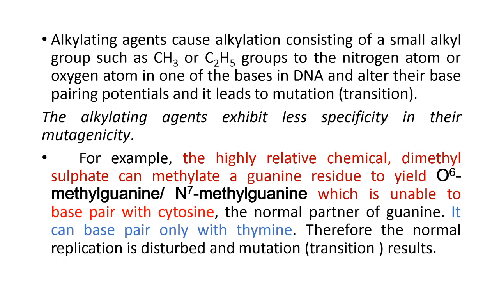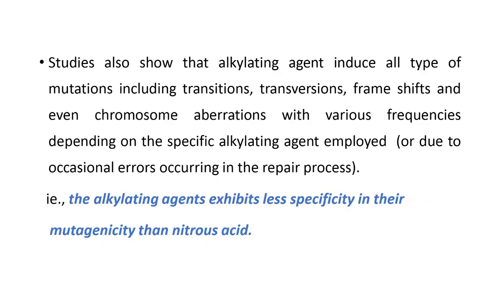Usually, guanine base pairs with cytosine, but after the methylation process, the newly formed base O6-methylguanine or N7-methylguanine cannot base pair with cytosine, but they can base pair only with thymine. Therefore, the normal replication is disturbed and mutation results. Therefore, there is a transition mutation.